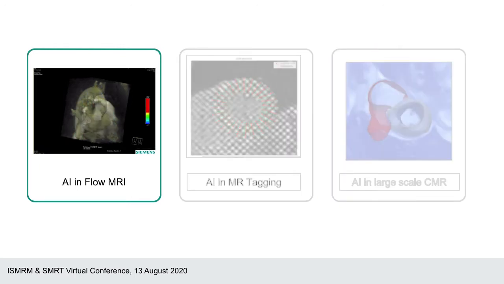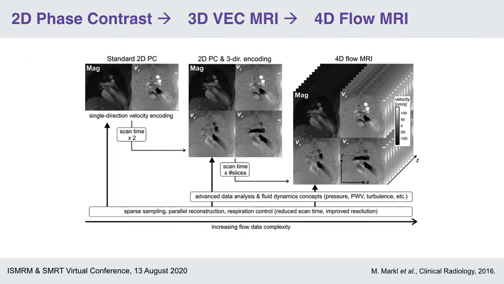So let's start with AI in 4D flow MRI. We have seen some significant improvements in assessing blood flow from MRI. At the beginning, we see from the standard 2D phase contrast MRI that we can estimate the blood flow that runs across the image plane, and then we can acquire three directions of the velocity for each pixel of that plane.